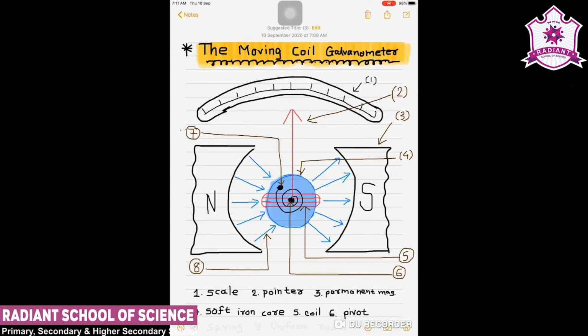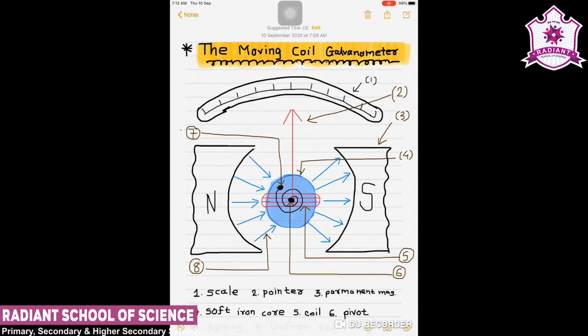It is a very special device, and its principle is the same as we have discussed earlier: when any current carrying loop is kept in a uniform magnetic field, it experiences a torque, and that acting torque is the basic principle behind this moving coil galvanometer.